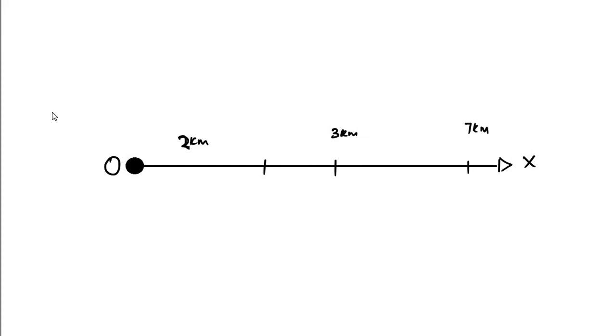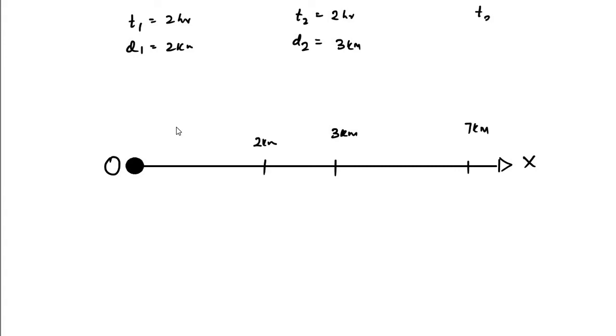So here it is 2 kilometers in the first time slot of 2 hours. Then in the second time slot of 2 hours, the total distance covered at that point is 3 kilometers. Then again, this is 4 hours.